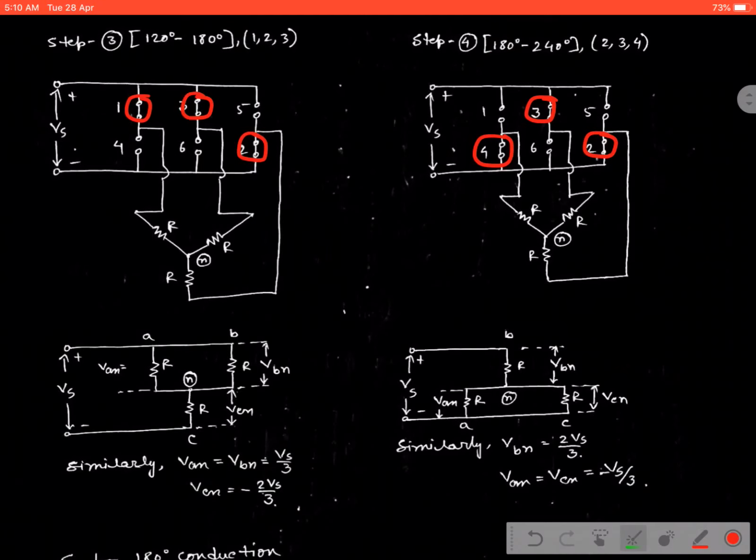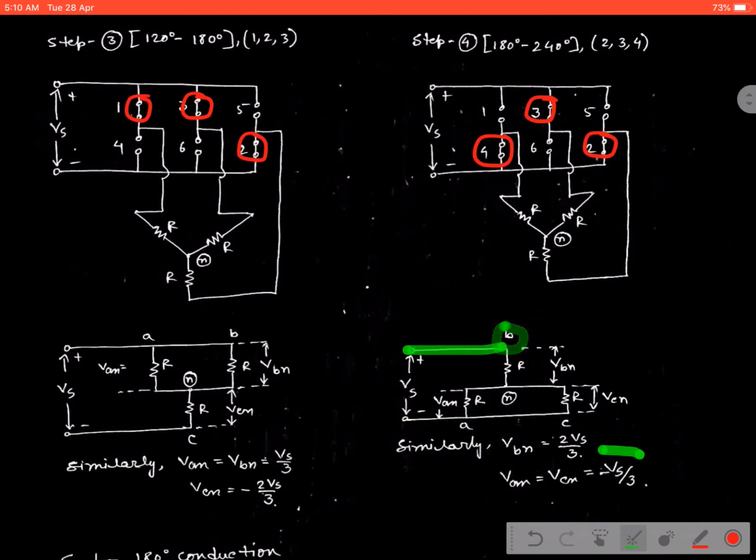Similarly, again we can calculate the voltage appearing across the resistances connected to the A, B and C terminals, and the result is VAN equal to VCN equal to minus Vs by 3, as they are connected to the negative terminal of the supply, and VBN is connected to the positive terminal of the supply.